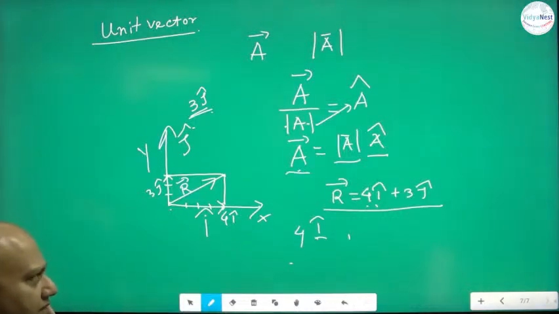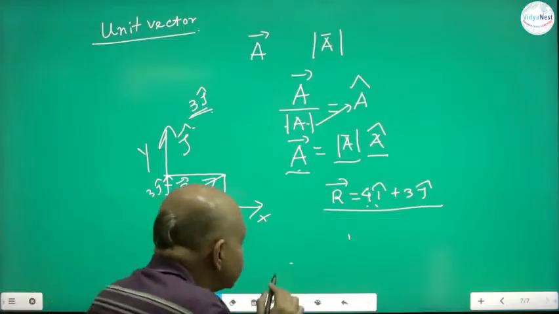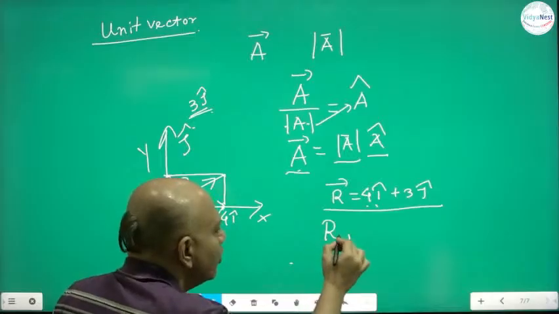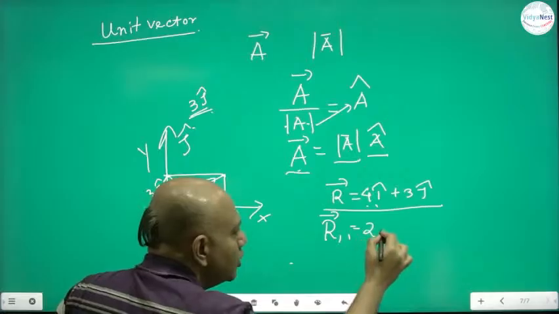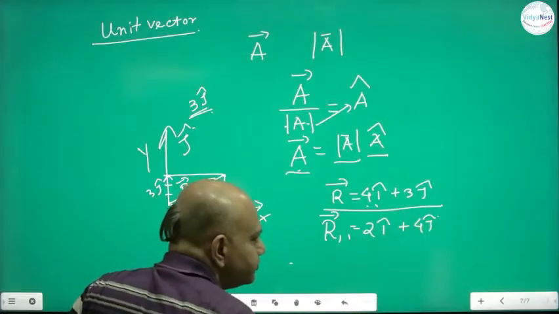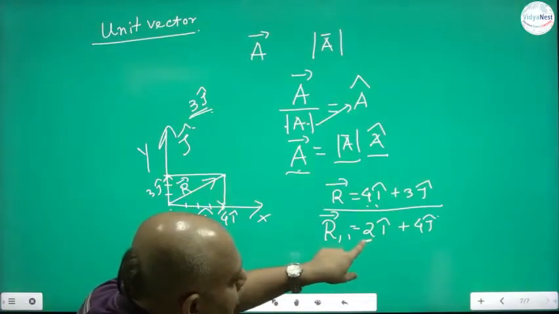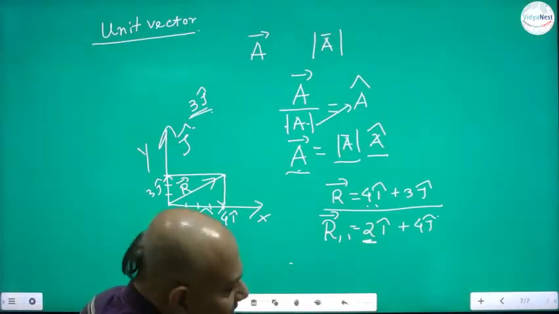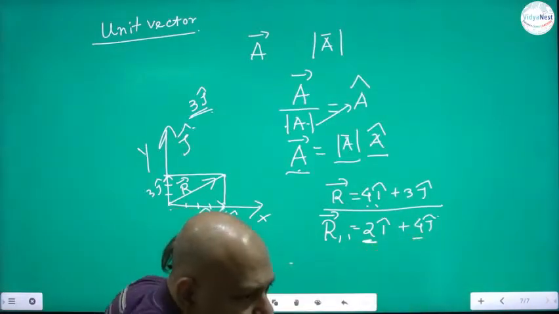Similarly, Saurabh, suppose there is another vector r1. Suppose I am telling that r1 is equal to 2 I cap plus 4 j cap. So what is the component of r1 along x-axis? 2. What is the component of r1 along y-axis? 4.